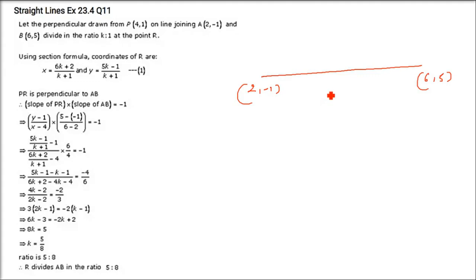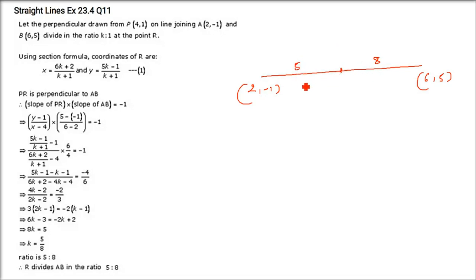Now a perpendicular is drawn from the point 4, 1, a line which is perpendicular to this line, making an angle of 90 degrees with it, and it is dividing it in some ratio. We don't know the ratio, so we will prove it to be 5:8.